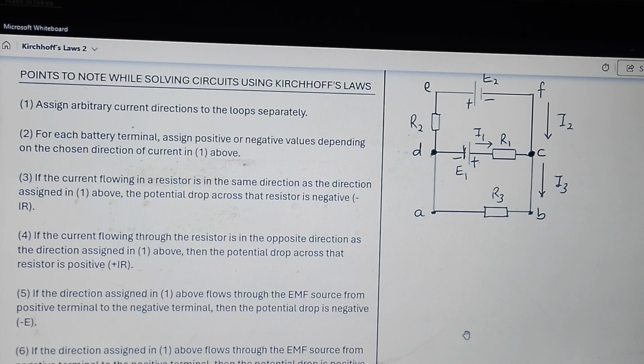If you check the circuit on your right hand side, let's call this loop A, and we call this loop B. So what we mean by assigning arbitrary current directions to the loops separately is that we can choose that the current is flowing in the clockwise direction or in the anti-clockwise direction.